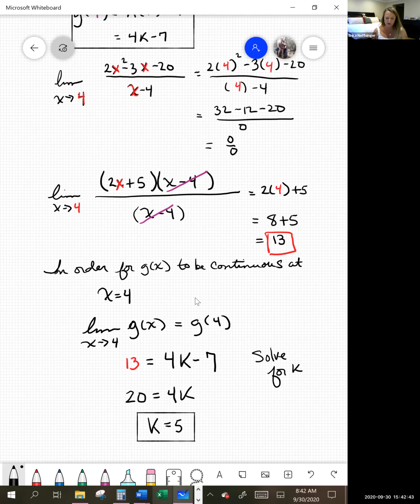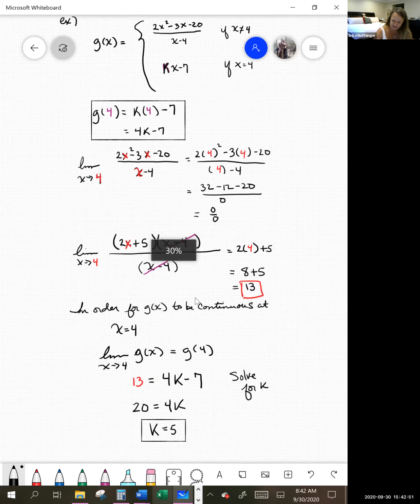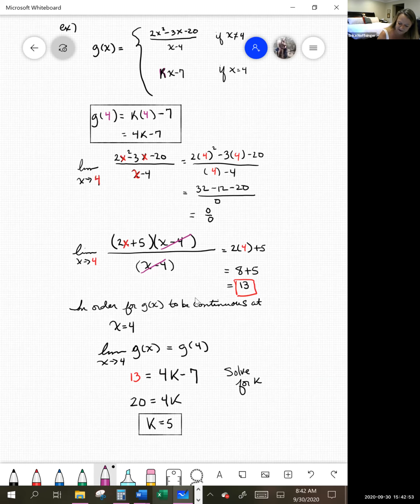Okay, so we found out what k had to be in order to make that function g of x continuous. And so technically this would be 5x minus 7.